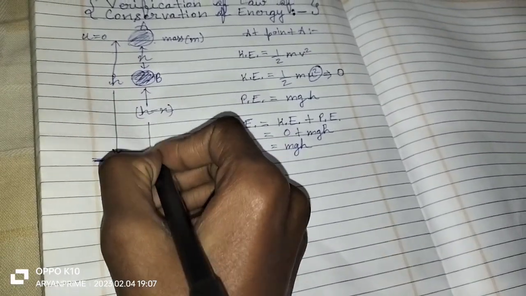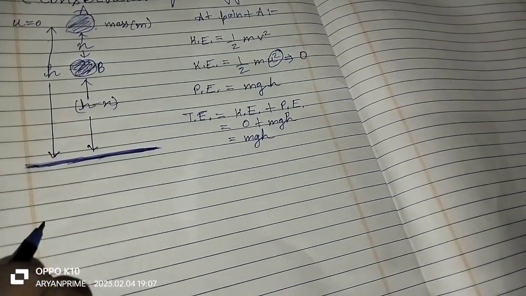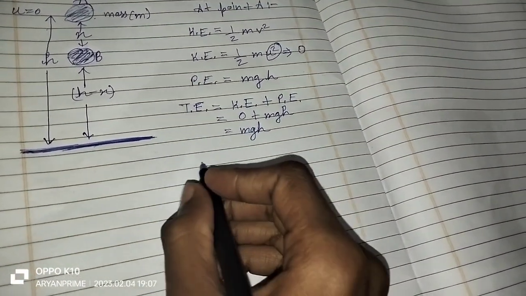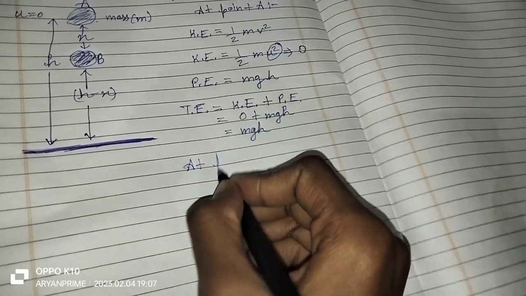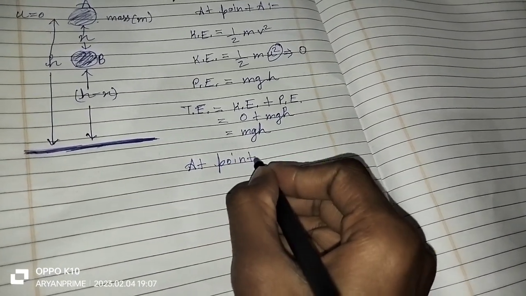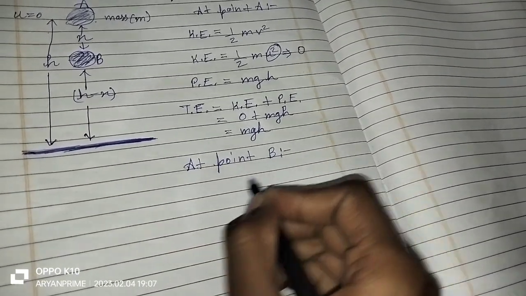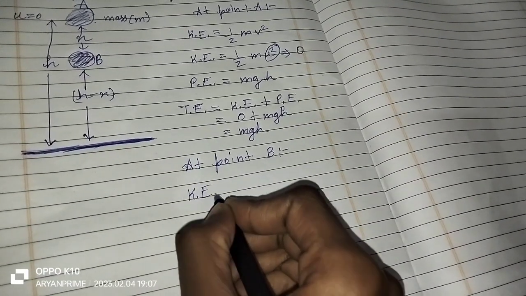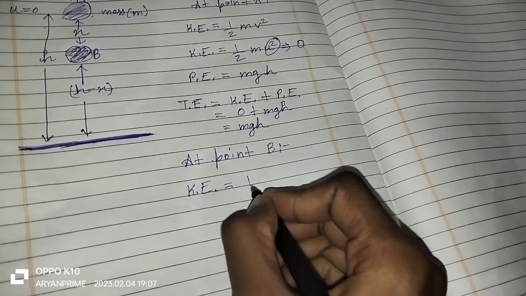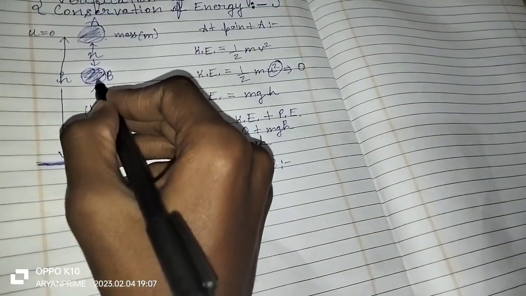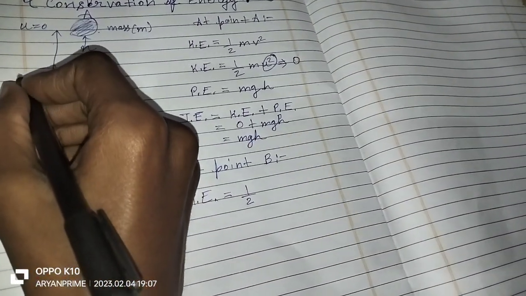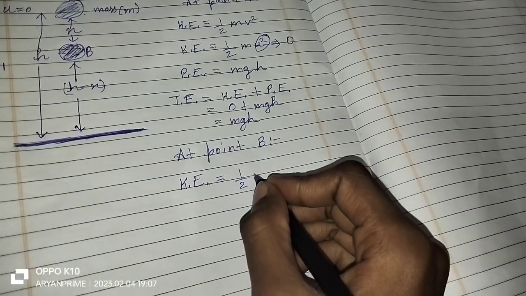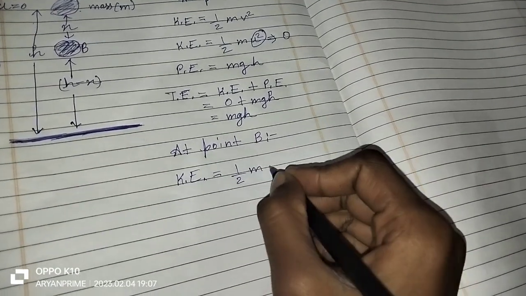So at point B, what is the kinetic energy of object B? Kinetic energy equals 1 by 2 mv square. Now let's take v1 as the velocity of object B. So 1 by 2 m v1 square.